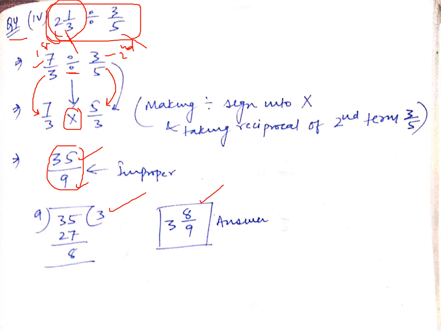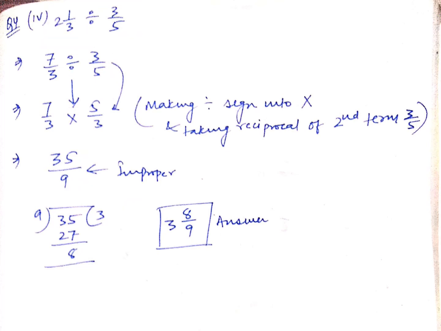Now, talking about some common mistakes made by students at this stage. We have learned that if the sign in between is multiplication, we can cut the numbers. Many students ignore this division sign and, in a hurry to solve the question, cut this 3 with this 3, which is wrong, because the method that we have learned is for multiplication.